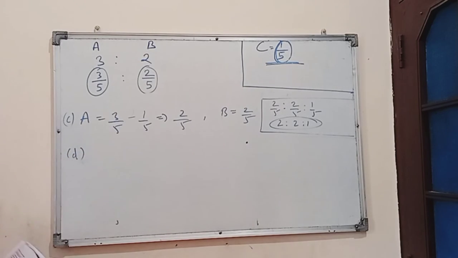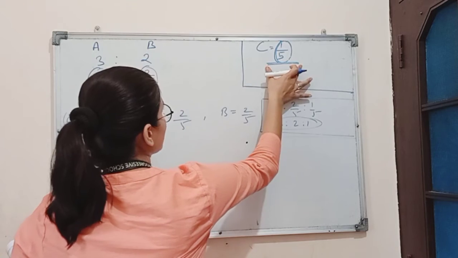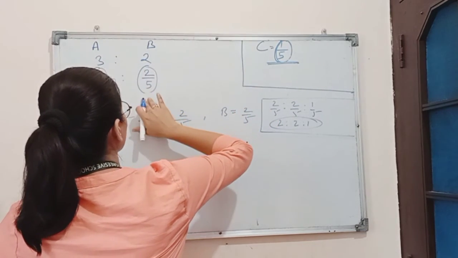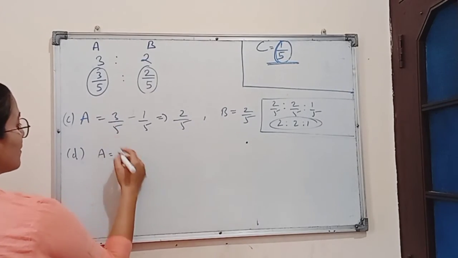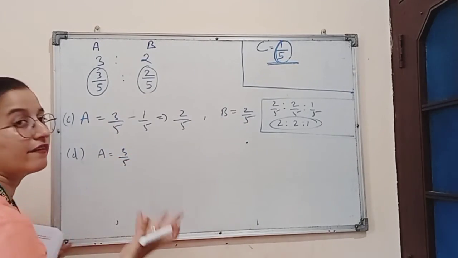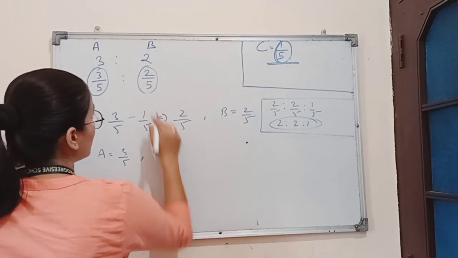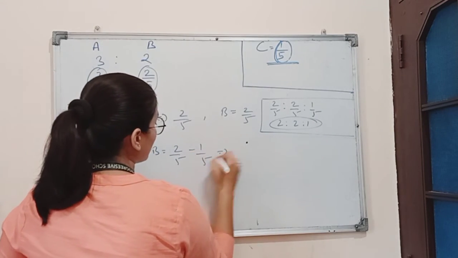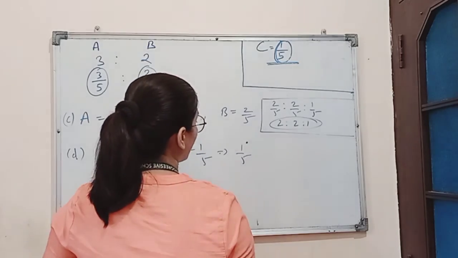Fourth case is also similar. In fourth case, this amount of share has been acquired by C. Whole share is acquired by C from B. That means A's share will remain the same as A is not surrendering any part of his share, and B's old share is 2/5, out of which B is surrendering 1/5 to C. Remaining share will be 1/5.